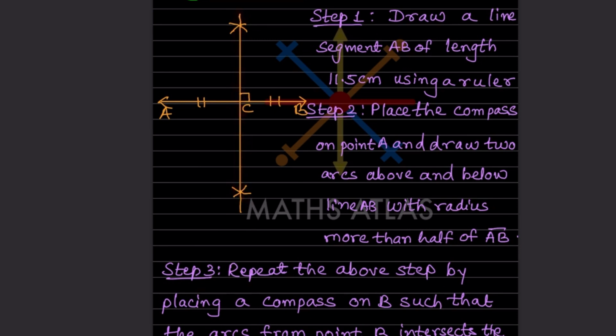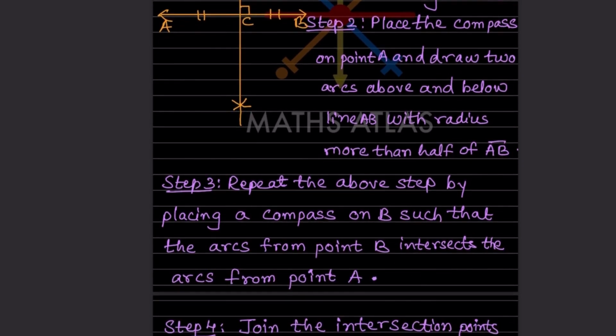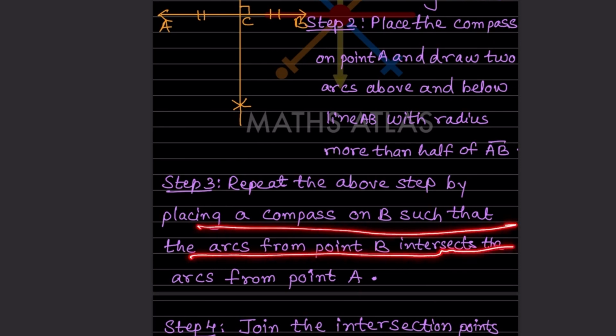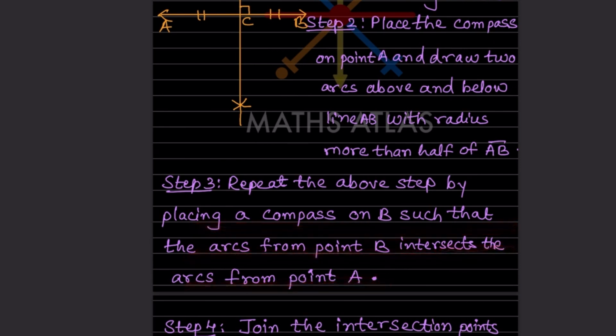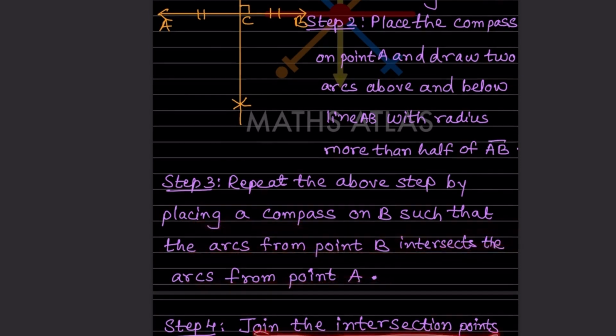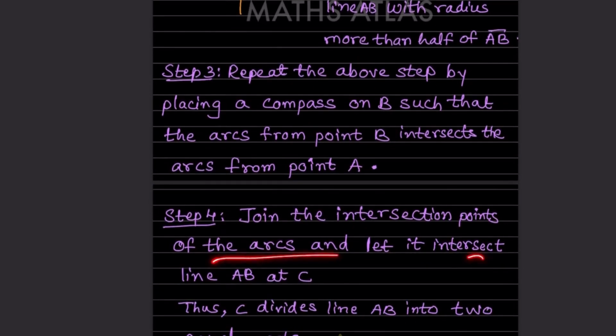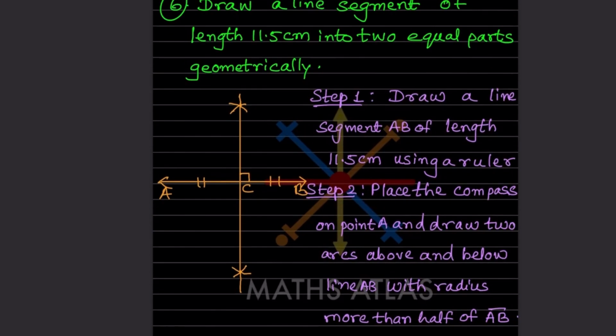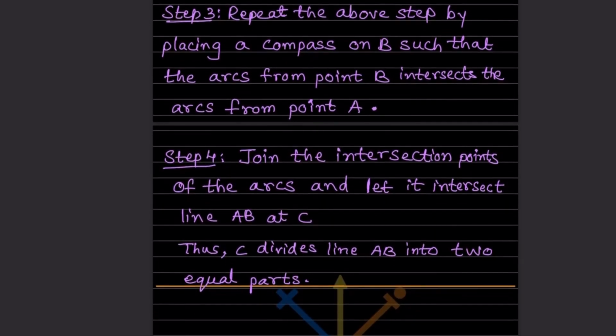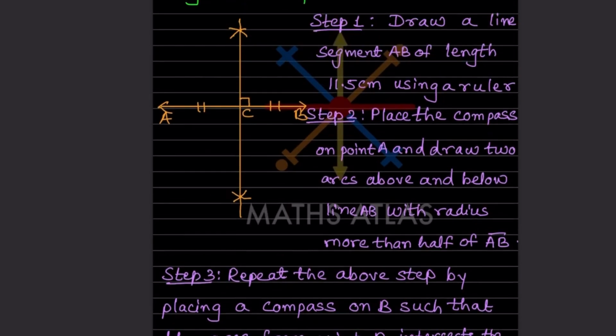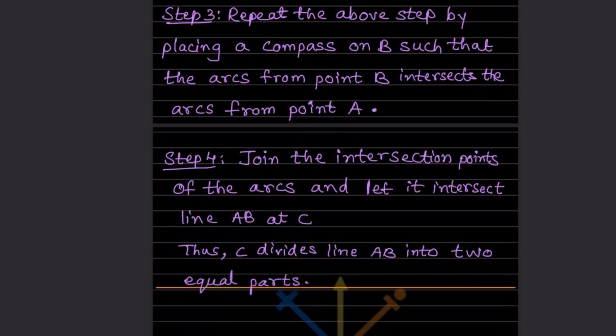So we can say that you repeat the above step by placing the compass on B such that the arcs from point B intersect the arcs from point A, and then join the intersection points of the arcs and let it intersect line AB at, so this is where it is intersecting. This point is called C. So we can say C divides line AB into two equal parts. So hope you got this one.